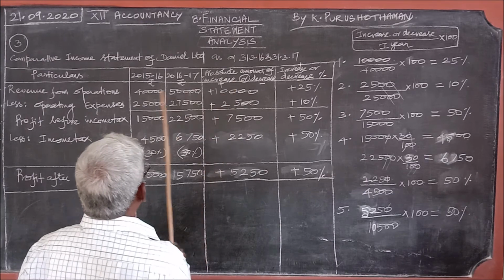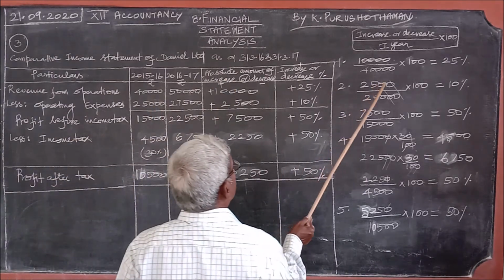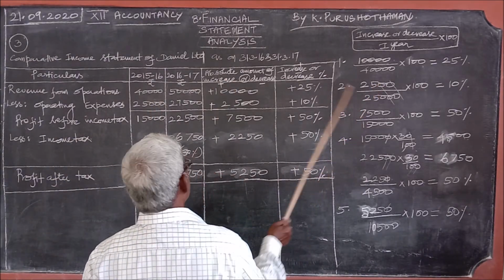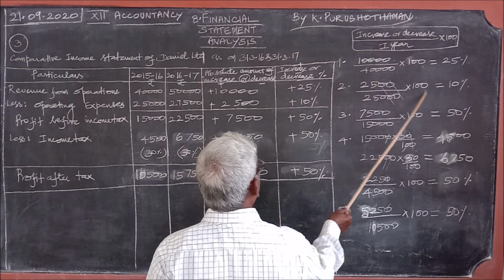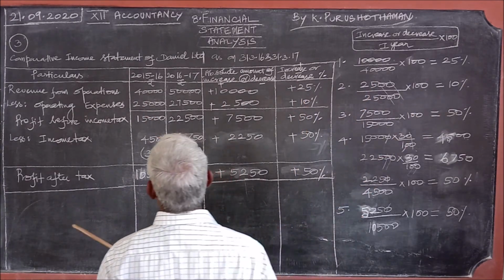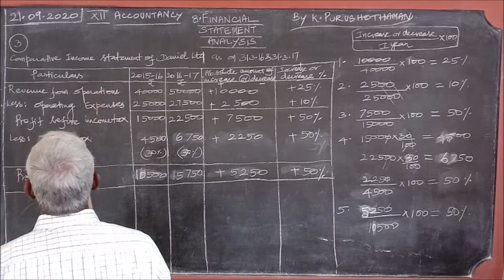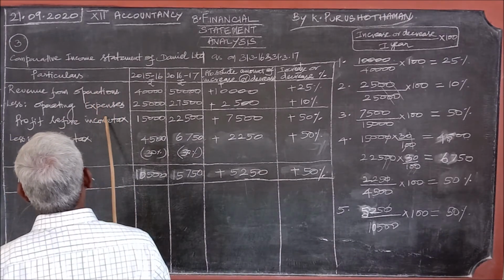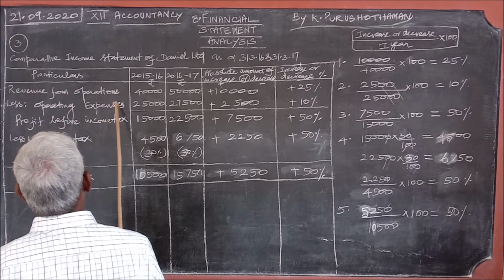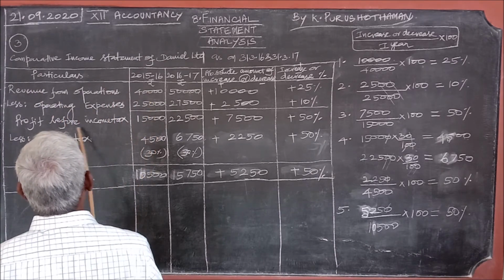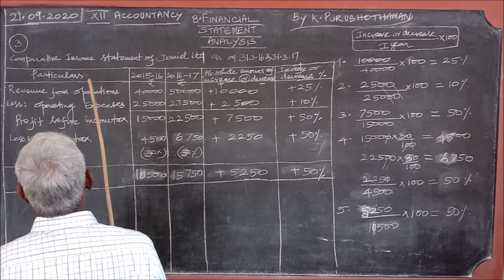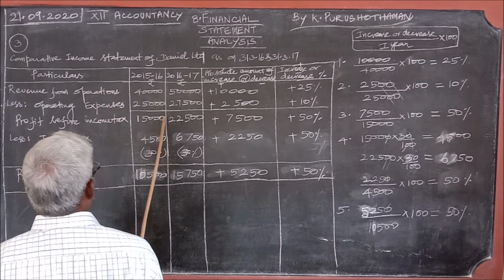So, increase by first year into 100, 10%. Now, from the income, we should minus the expense. From the income, you minus expense, you will get profit.